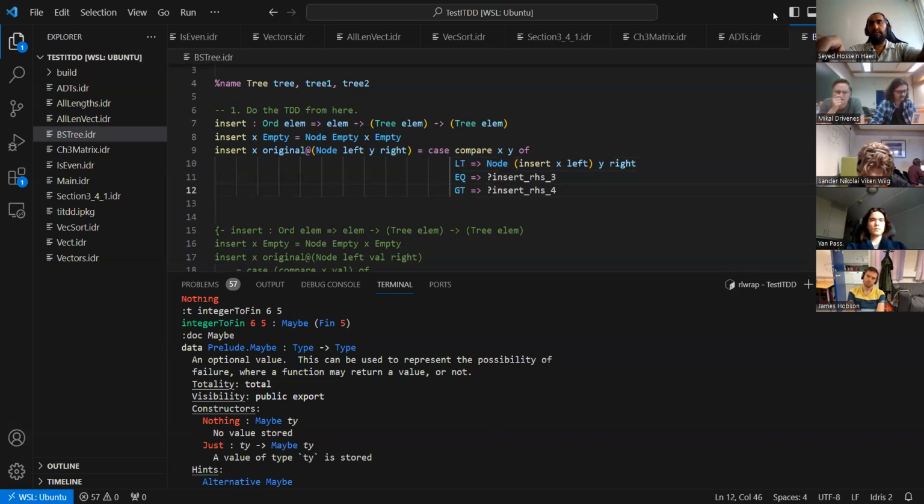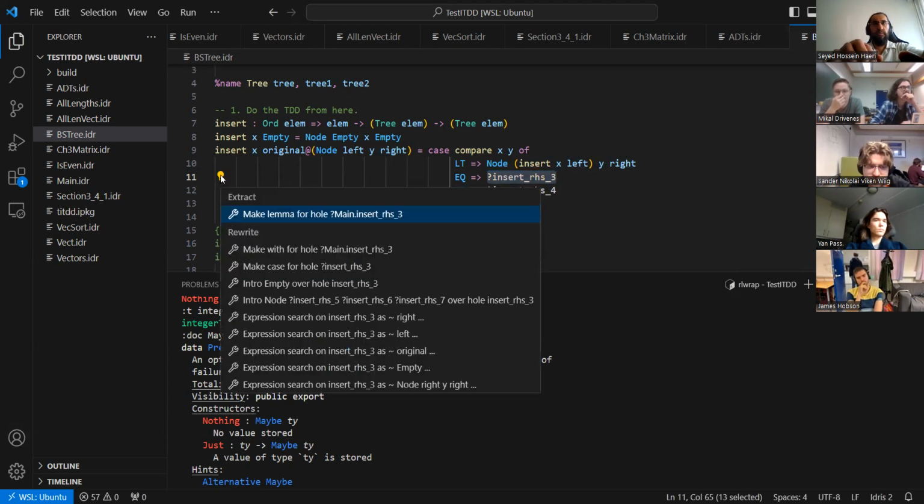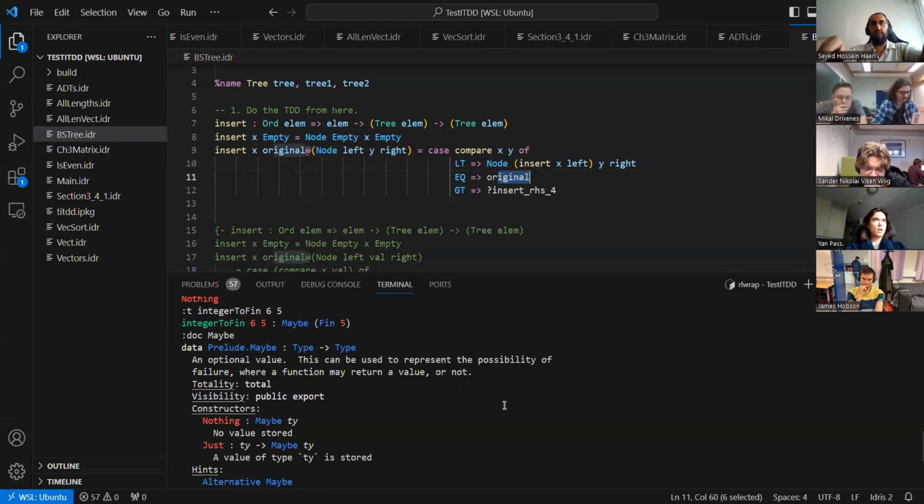So you can bind the original node on which you are case splitting, and now we have given it a name. Then Sander, what would we put here? Just original. That's right. Let's see whether it's also an option here. Yes, it is. Good. Thank you. Now let's save.